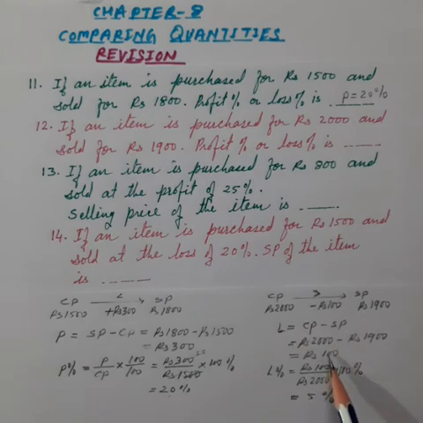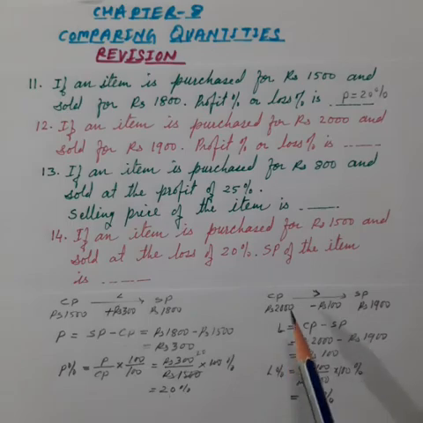We get here 100 rupees loss, and loss percent is calculated on cost price. So here rupees 100 is the loss on 2000 rupees. We have to find the loss on 100 rupees. So multiply this by 100 by 100, and for 100 in the denominator write the percent sign and calculate this.